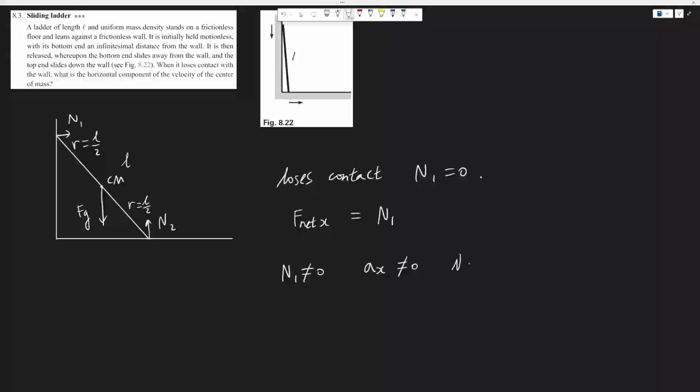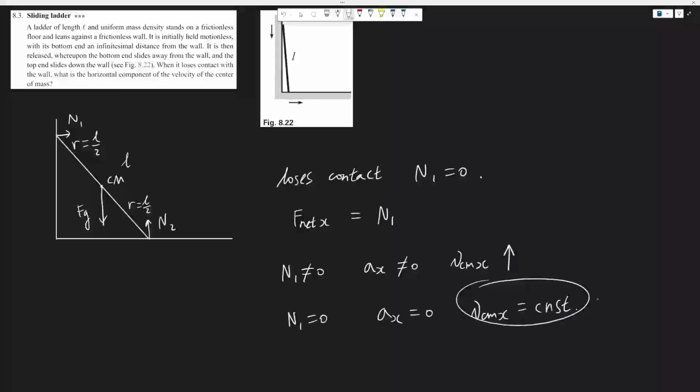And so we know that V, the center of mass velocity, the x component, will keep increasing. And as soon as it loses contact, N1 becomes 0, and so does acceleration in the x direction. And so V center of mass, x, just stays constant. And so also we know that this is a maximum value, right?